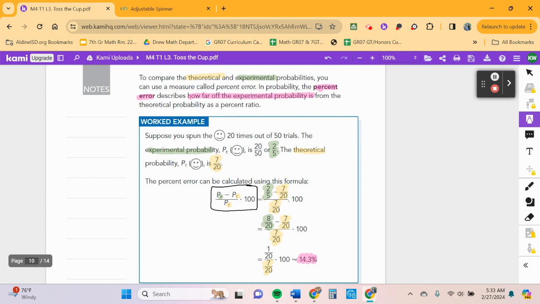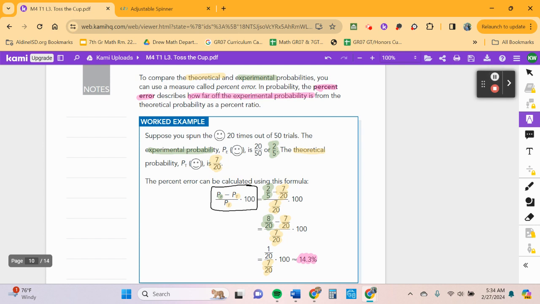So using the percent error formula, which I boxed in that black box, it is the probability experimental, that's what that small e represents, minus the probability that's theoretical. So you're finding the difference between those two, divided by the probability theoretical, times 100.